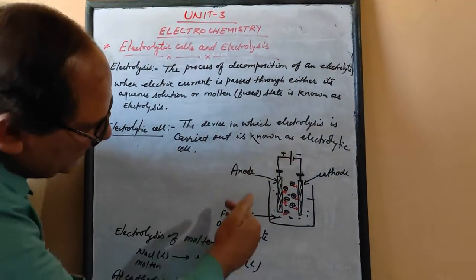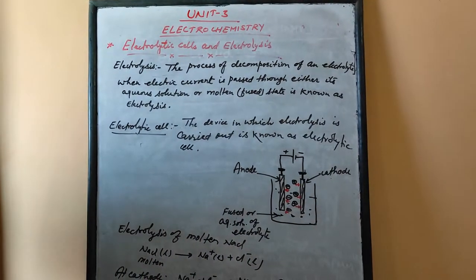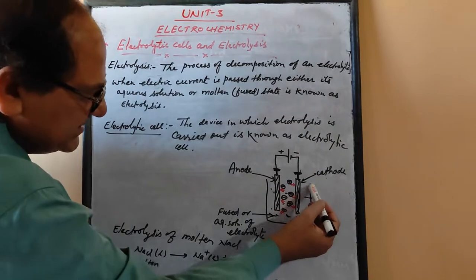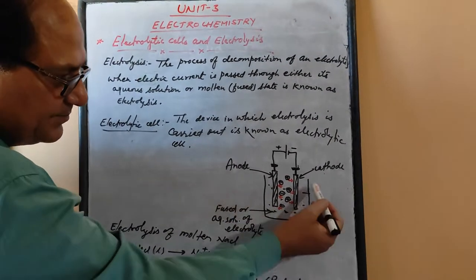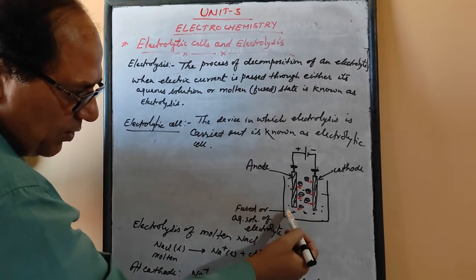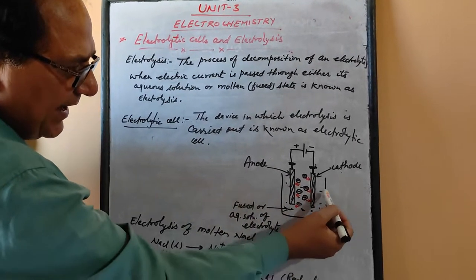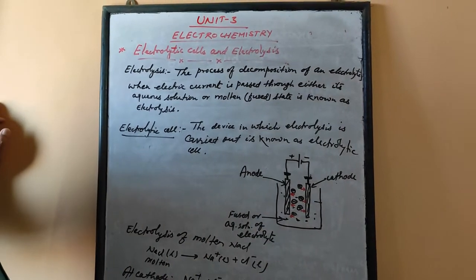This is the complete diagram of the electrolysis. Now see, this is the container. This container is known as electrolytic tank. In this, fused or aqueous solution of electrolyte is taken and two metallic electrodes.